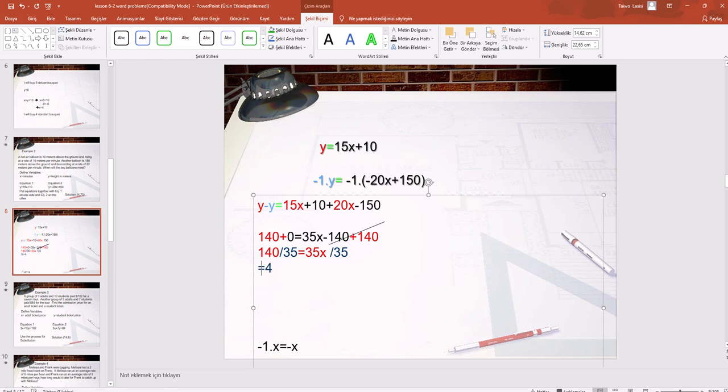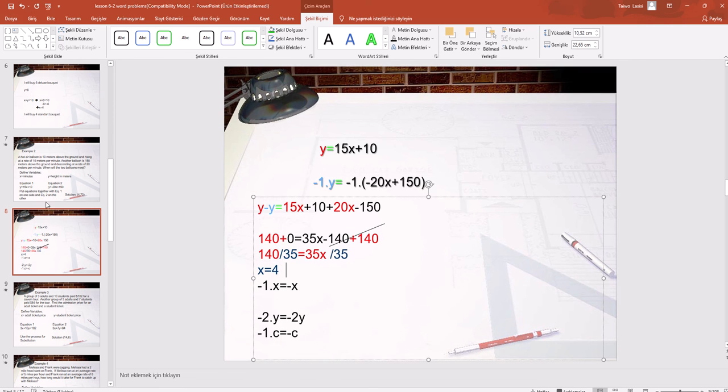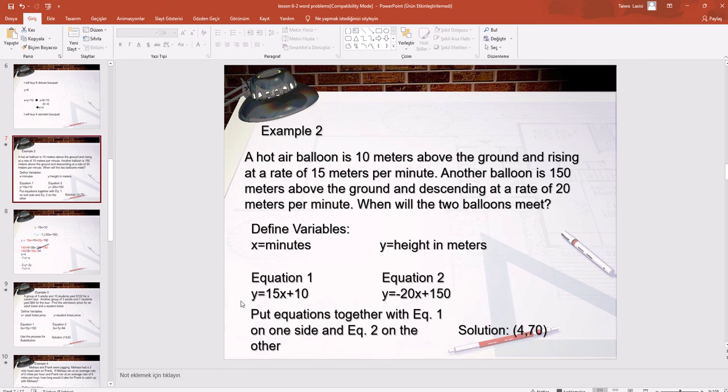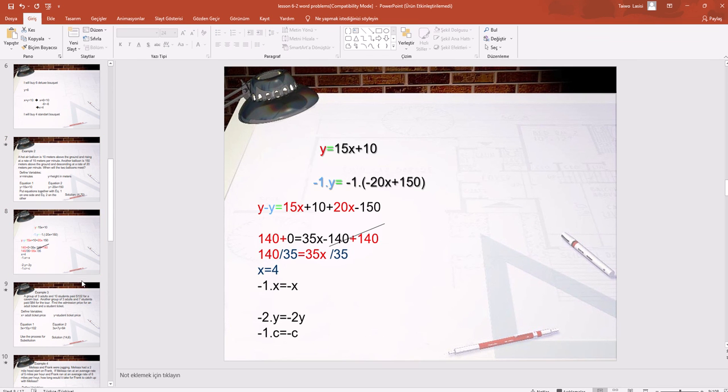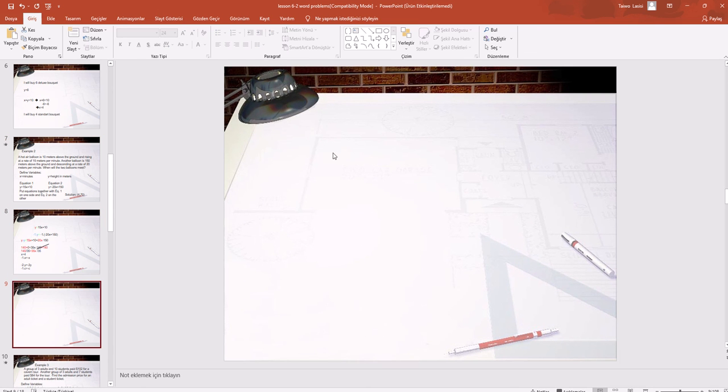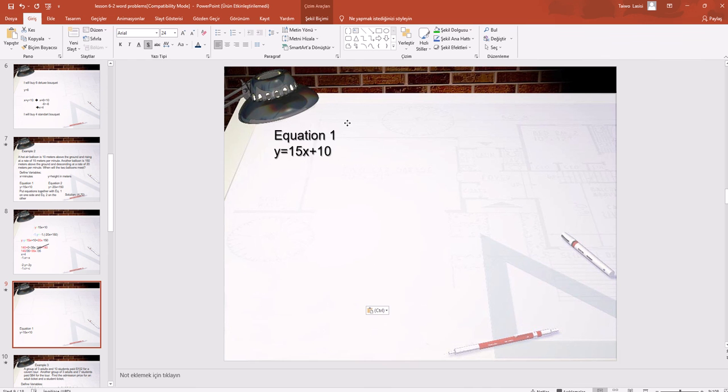What is y? How can I find it? I have to substitute here. Let us take equation 1. I found x equals 4. Let us substitute, put x equals to 4.